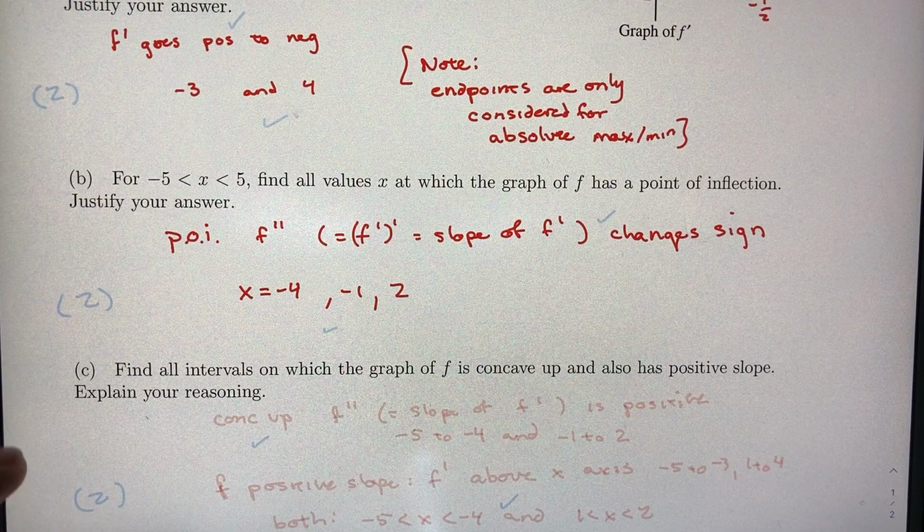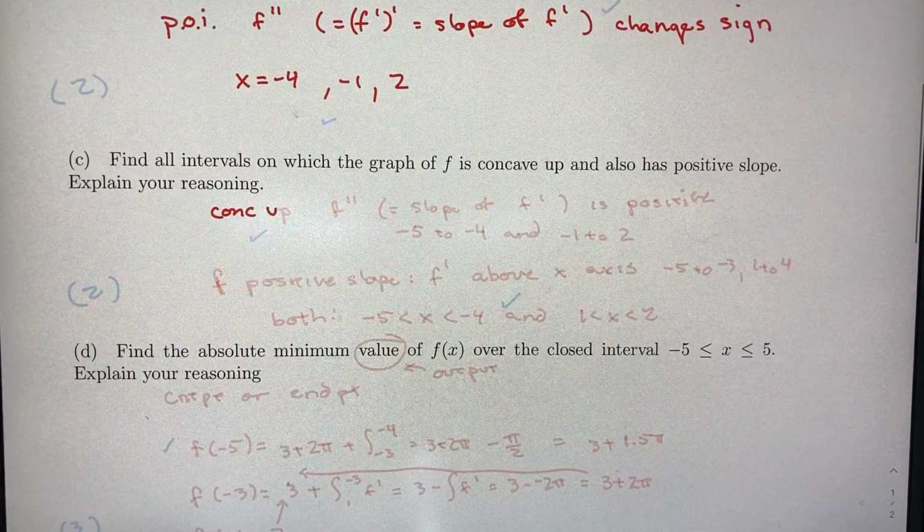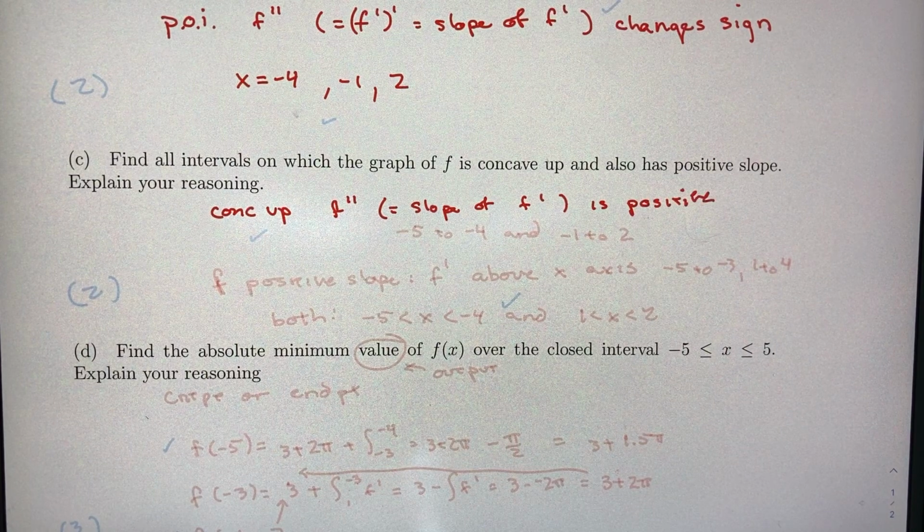All right, concave up. F double prime is positive. So on the graph of F prime, it's if F prime is going up.